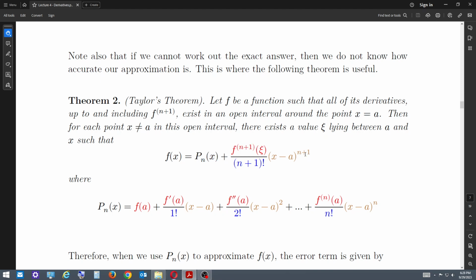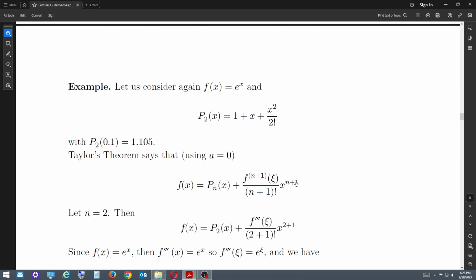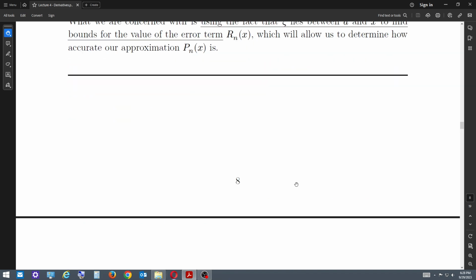But if this is very small, let's say the largest possible value this error could be is like 0.00001, what that means is that this approximation is going to be very good, because the error term is very small compared to whatever my approximation would be. When we do an example, you'll see that a little more clearly.